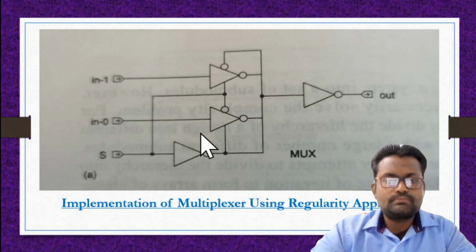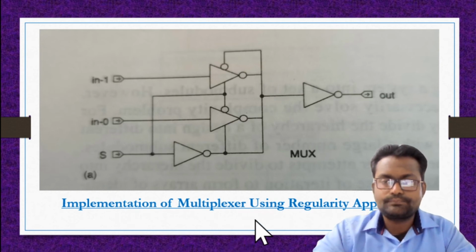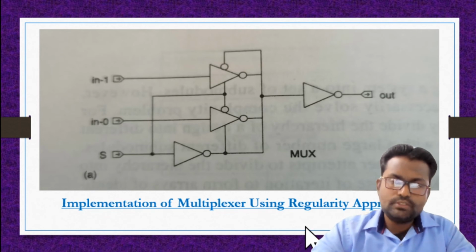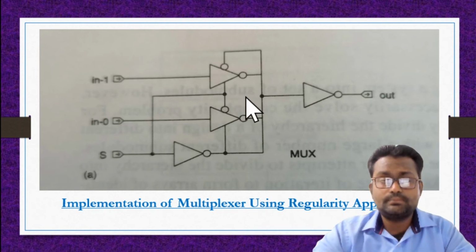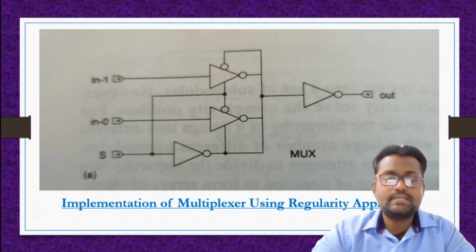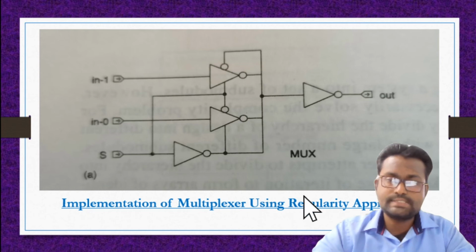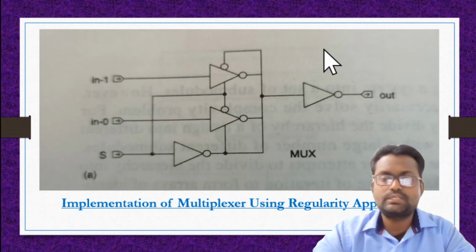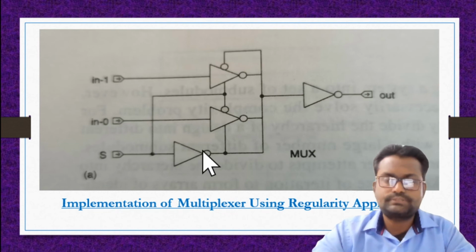By using the tri-state buffer and inverter, you implement a 2x1 multiplexer here. If we represent a 2x1 multiplexer by using a similar type of element, then it is under the category of the regularity approach. At that time, you can say it is under the category of logic level, because it is using only two types of structure.